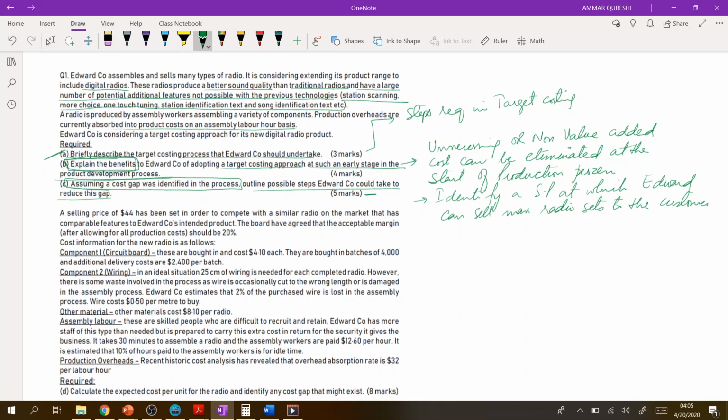If a company is selling that kind of new product, then what targeted selling price should it focus on? At that point, you must consider what selling price is acceptable by the customer. Because if you fix a selling price which the customer is not willing to pay, then your product may flop.